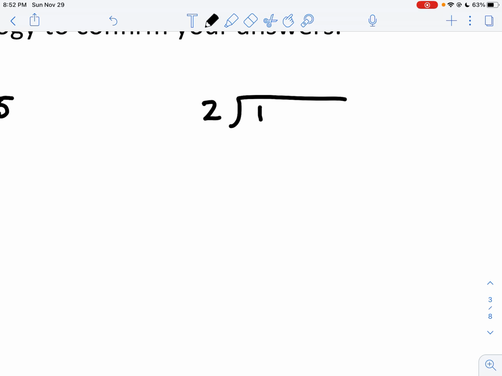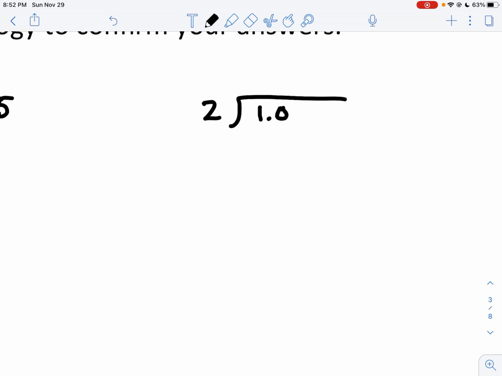So we do 2 divided into 1, but we think of 1 as 10/10. So I put a decimal and I put a 0 after the decimal, and then I say, okay, if I think of 1 as 10/10, and 10/10 split into 2 pieces would be 5/10, or you can just ignore the decimal and just say, hey, 2 goes into 10 how many times?